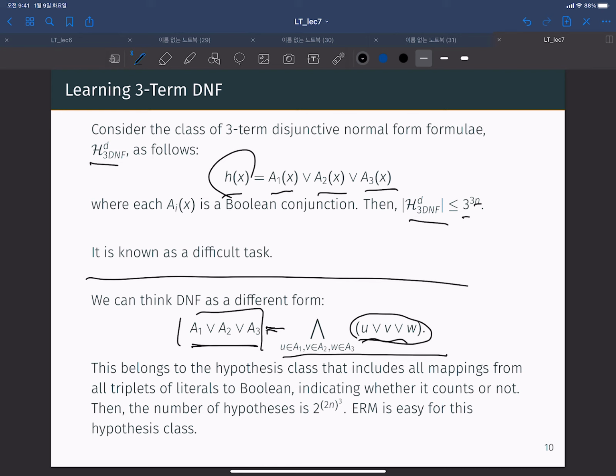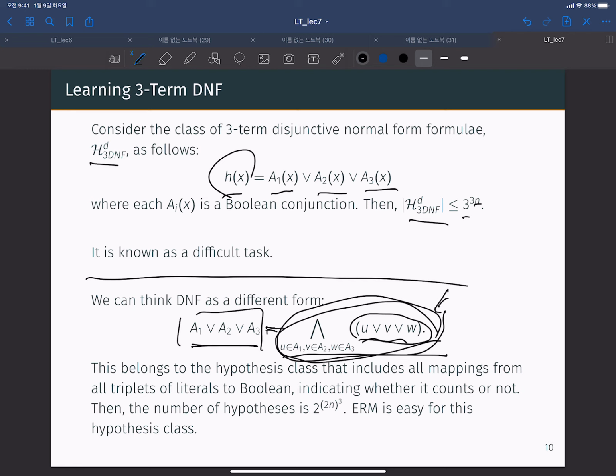A bigger hypothesis class means a superset of the original hypothesis set, because every single hypothesis in our original hypothesis class is also a member of the new hypothesis class.